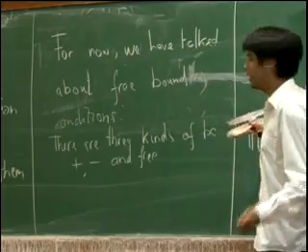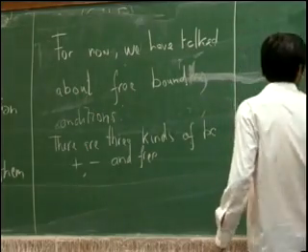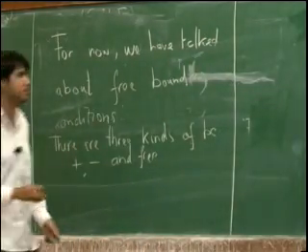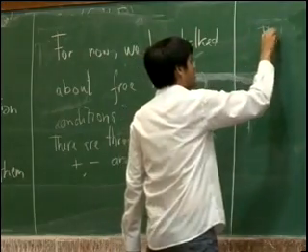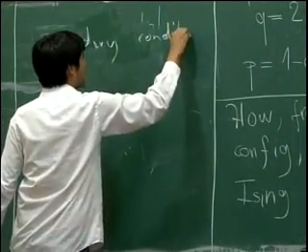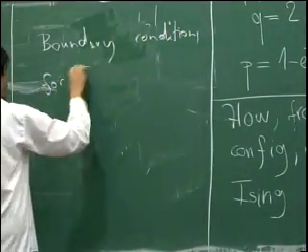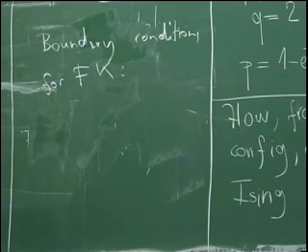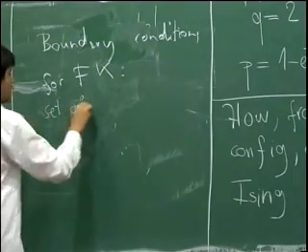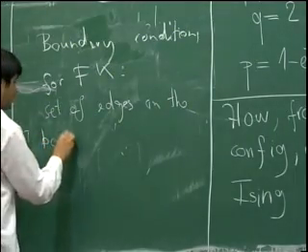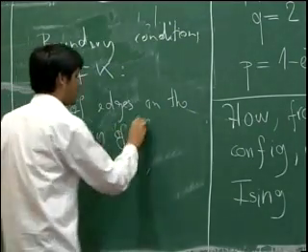What Pierre explained yesterday was that boundary conditions for FK are a set of edges that you put together on the boundary of the graph.